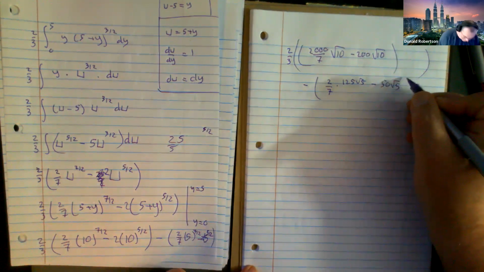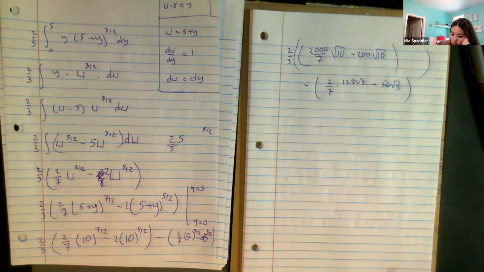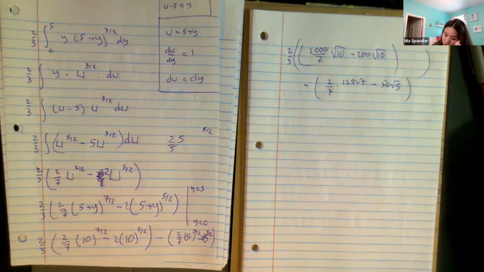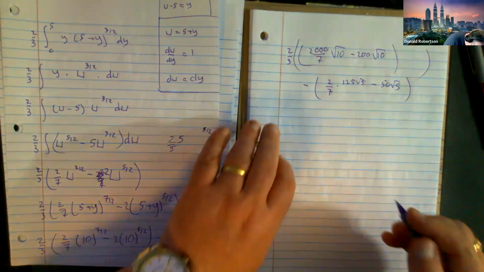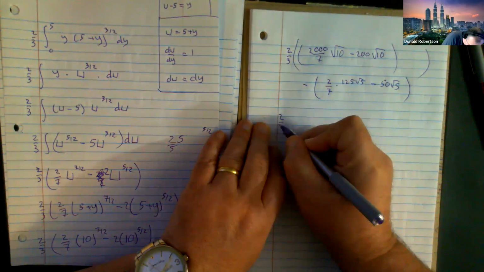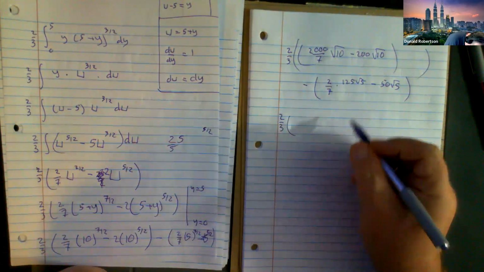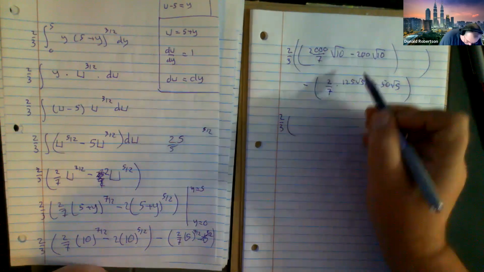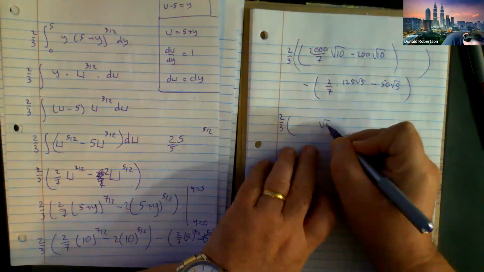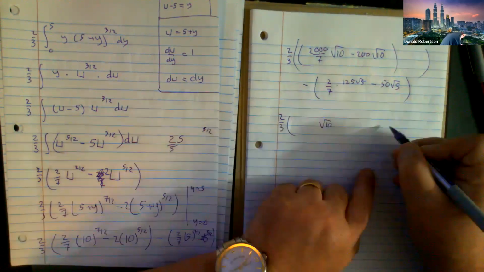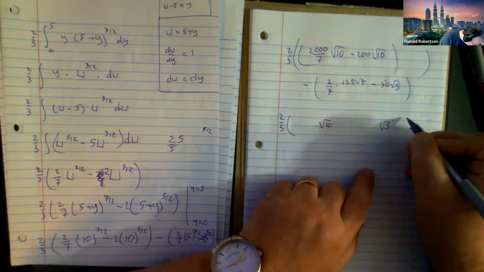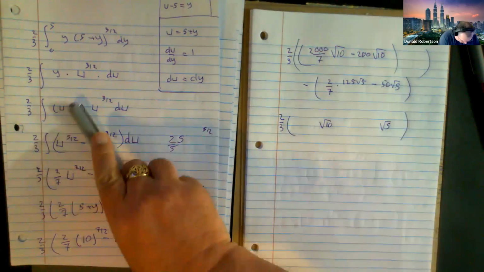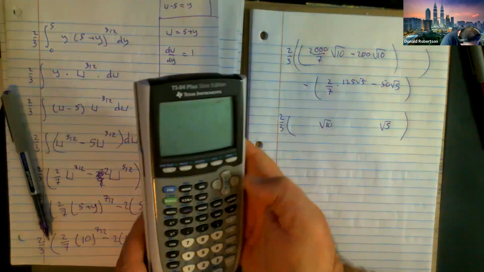Do you get things that look like that? Yes. Whoa, this thing is horrible. Okay, that and that can combine into some version of the square root of 10, and that's going to combine into some version of square root of 5. Well, let's find out. Hopefully the calculator can handle it.